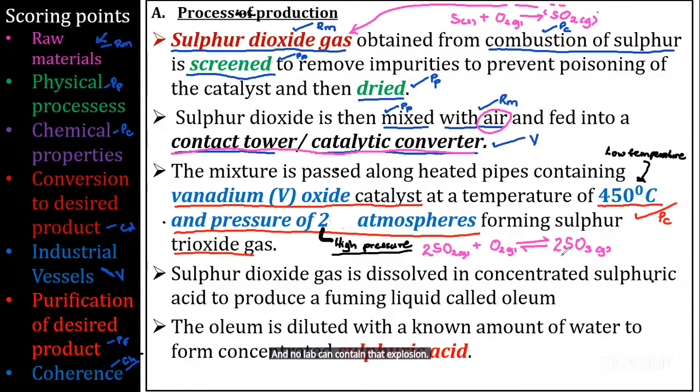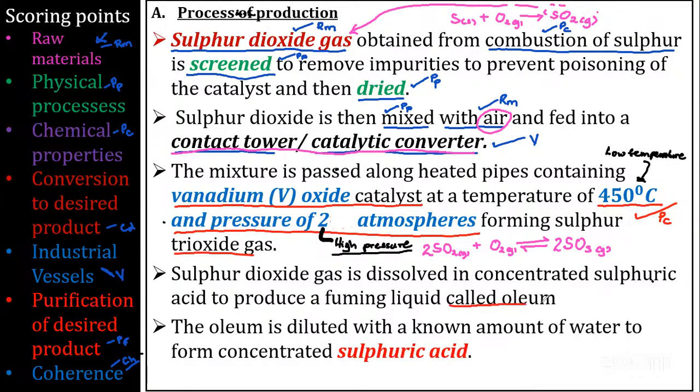So to take the safest pathway, you get this sulfur trioxide and you dissolve it in some concentrated sulfuric acid, very little concentrated sulfuric acid. With that, we get a product known as oleum.